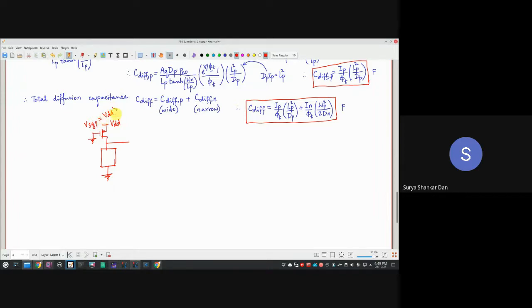Which happens to be greater than mod of VTP. That means this transistor is always switched on. That is a drawback. That means you are always going to have a current flow from the power supply to the load capacitor. So you always have some current path which we are unable to cut out from here.